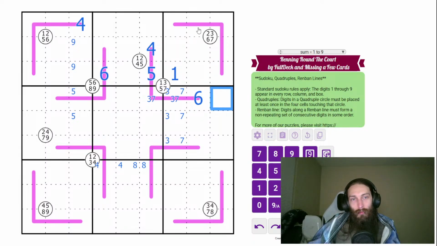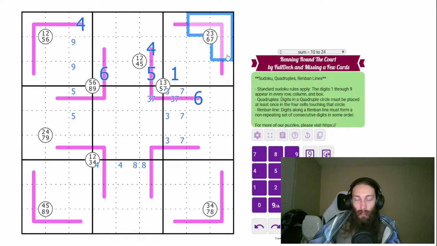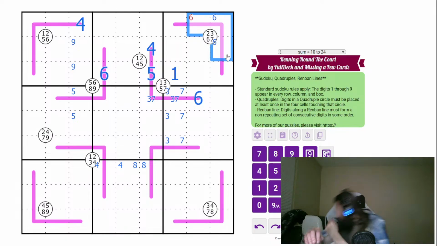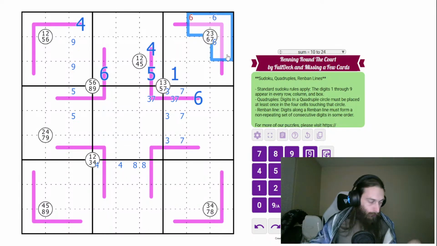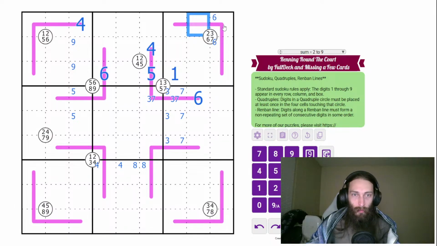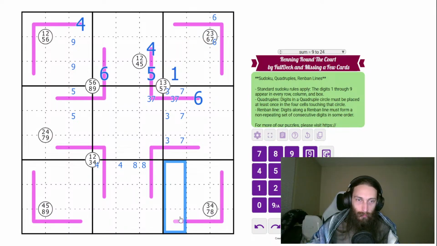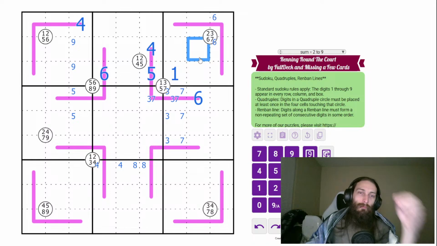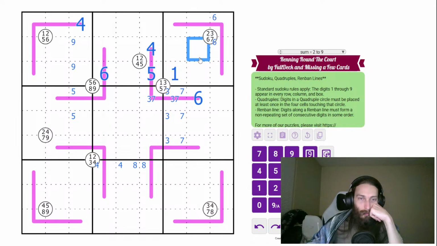And now 2, 3, 4, 5, 6 means we have to have, excuse me, I apologize, 6 is one of these two. But that's all we know, and we already learned that from this, not from the Renban.